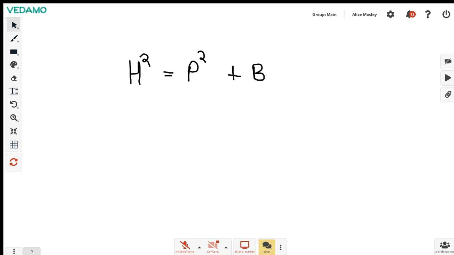Now suppose in the problem it is given that p equals 4 and b equals 3. Then can you find what h is equal to?